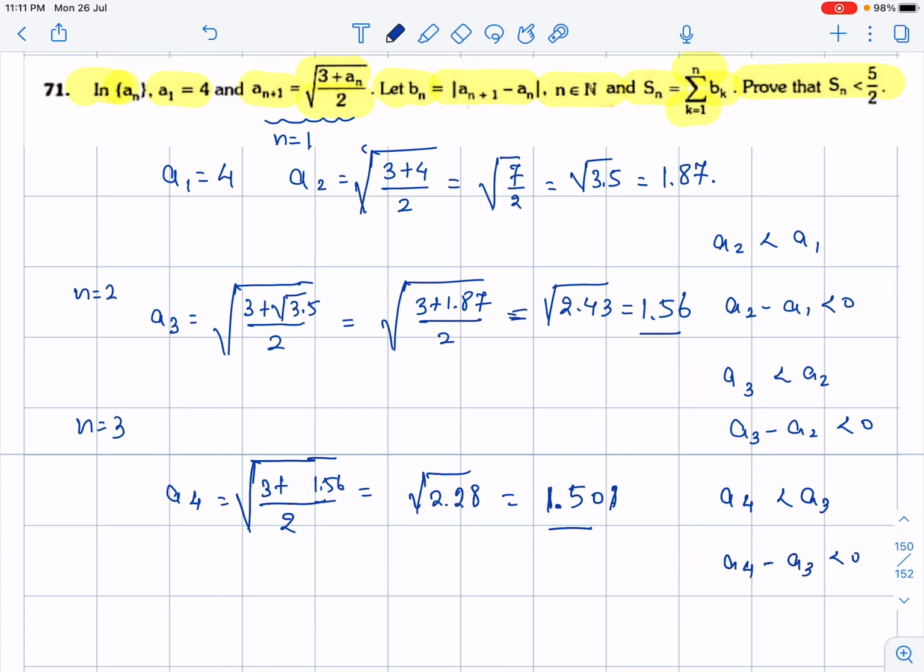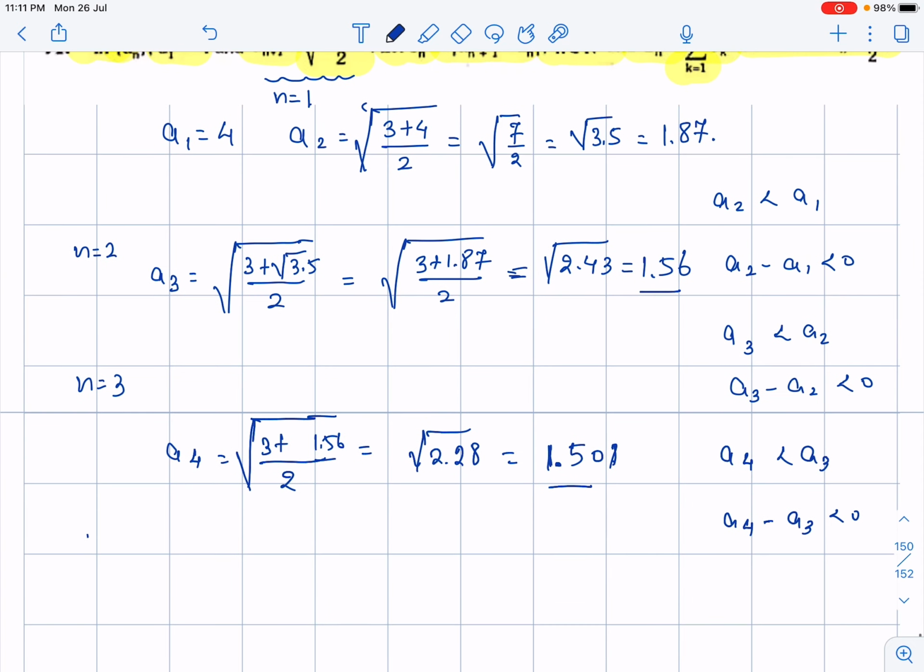Now proceeding further, when n is equal to 4 is substituted by me, a5 will be becoming square root of (3 plus 1.501) by 2. That will be becoming square root of 2.25.